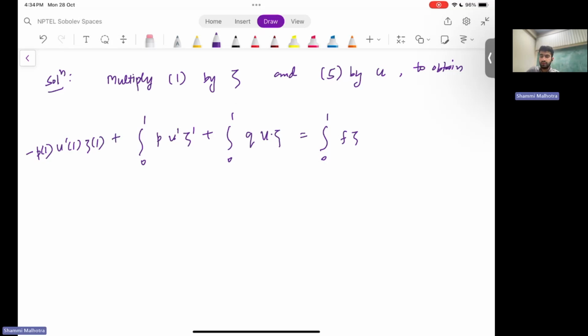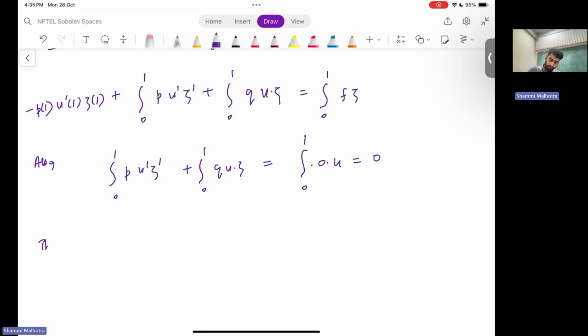And I know that zeta 1 is 1 only, and also integration 0 to 1 p u dash zeta dash plus integration 0 to 1 q u times zeta, and that is 0 times u, so that is 0 only.